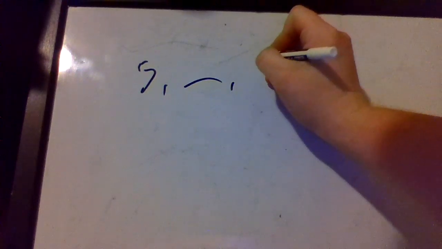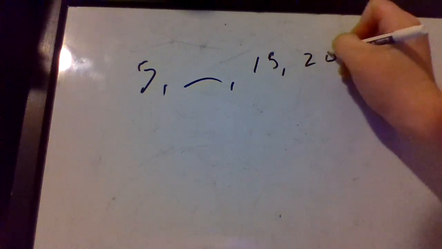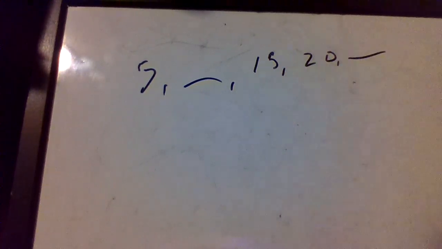Alright, so let's look at another one that's a little bit more tricky than that. We've got 5, blank, 15, 20, blank.